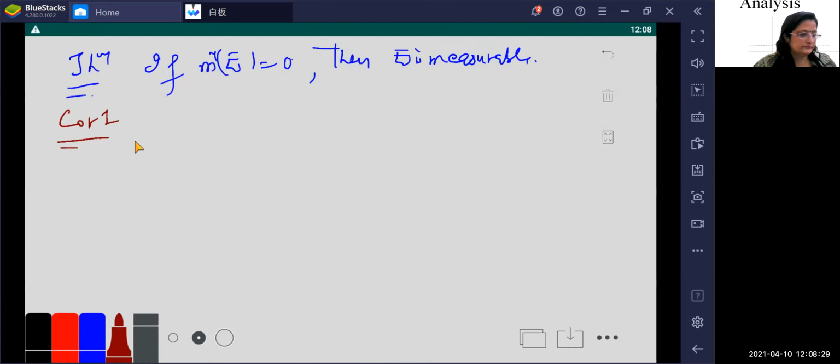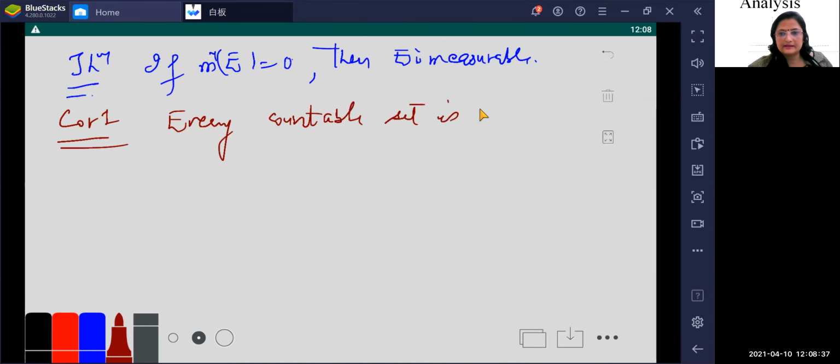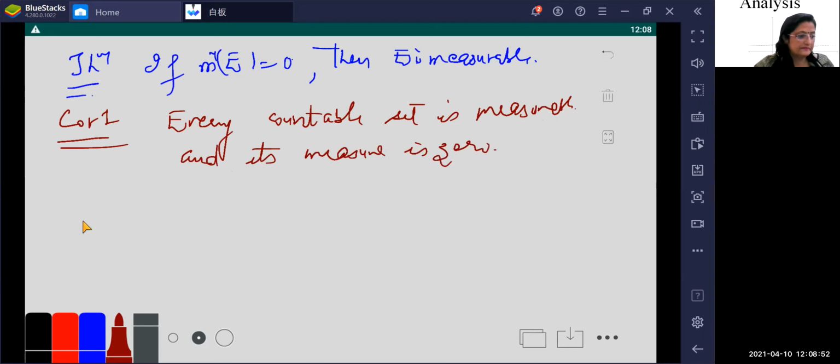Corollary 1. Every countable set is measurable and its measure is 0. Proof.